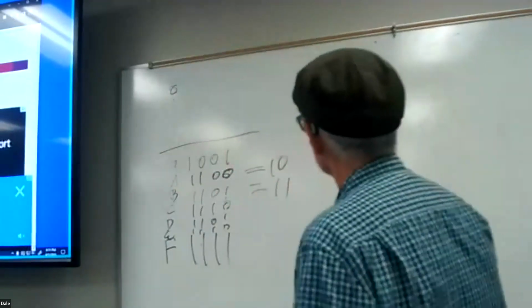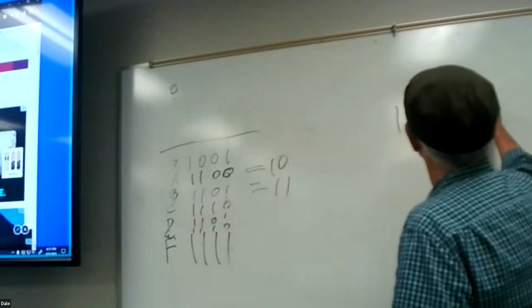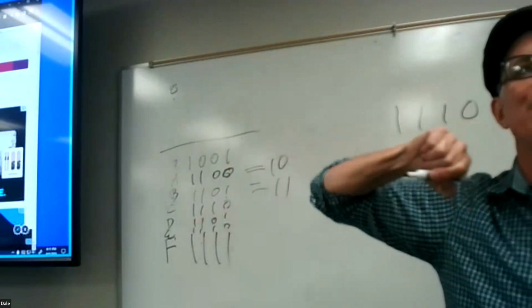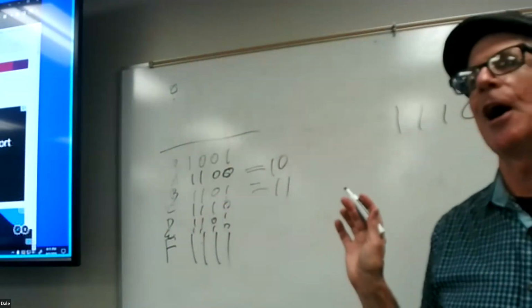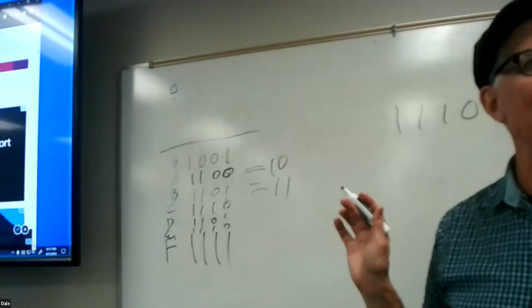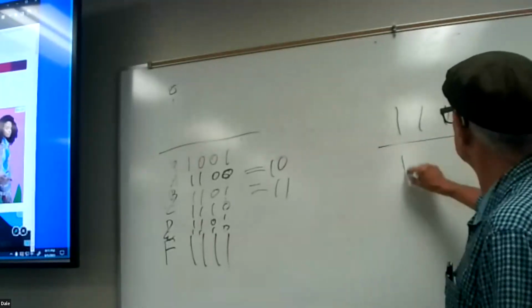Okay. So if I took the letter C, what do I want to do to it? Shall we AND it? AND it to what? AND it to an F? See what happens. So F is this.